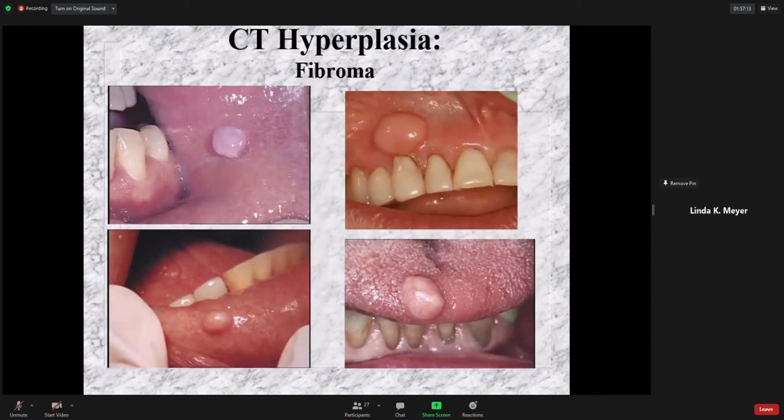There's a lesion that's related to trauma or local irritants. The word fibroma denotes a tumor, but most of them are just areas of hyperplastic fibrous tissue.